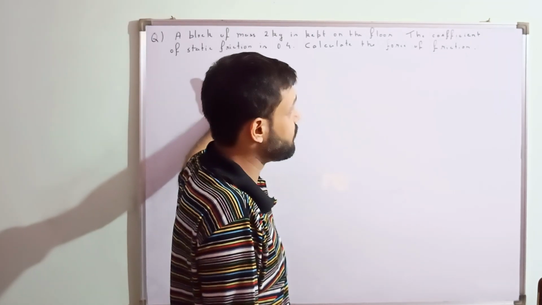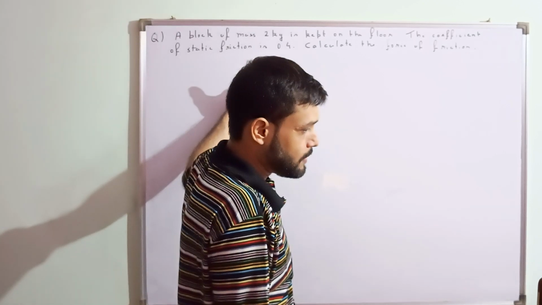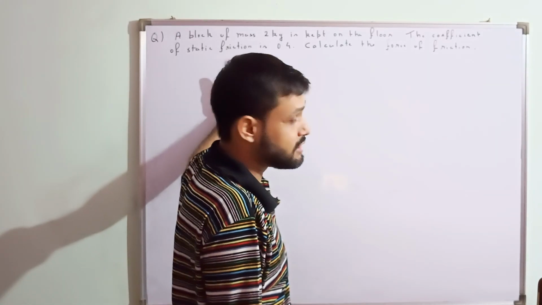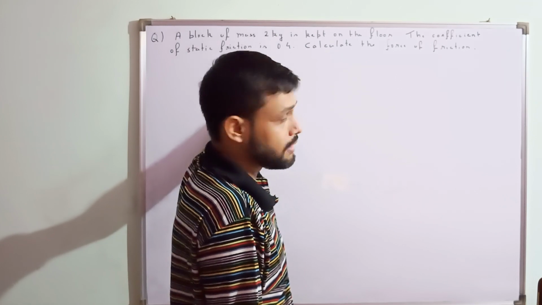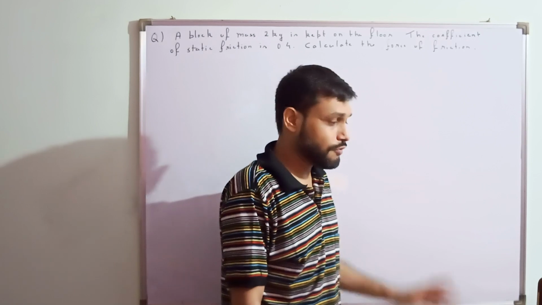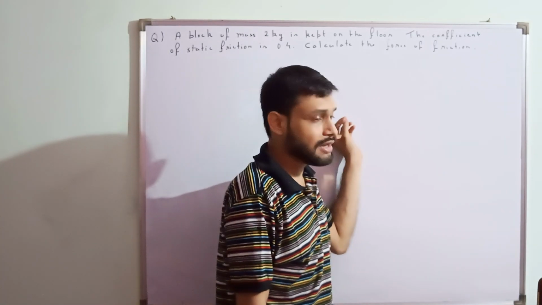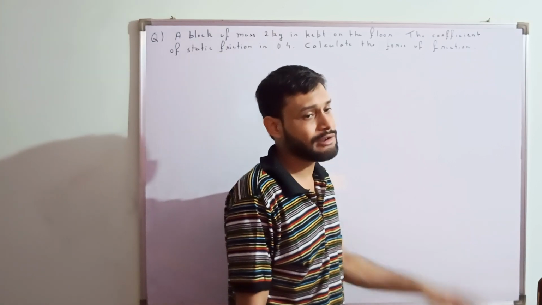The maximum value it can attain is the limiting friction, isn't it? They have not mentioned anything. Suppose we are not applying any force, the friction force is 0. So we will write the value of limiting friction, that is the maximum value of static friction. Isn't it that we can calculate only that?